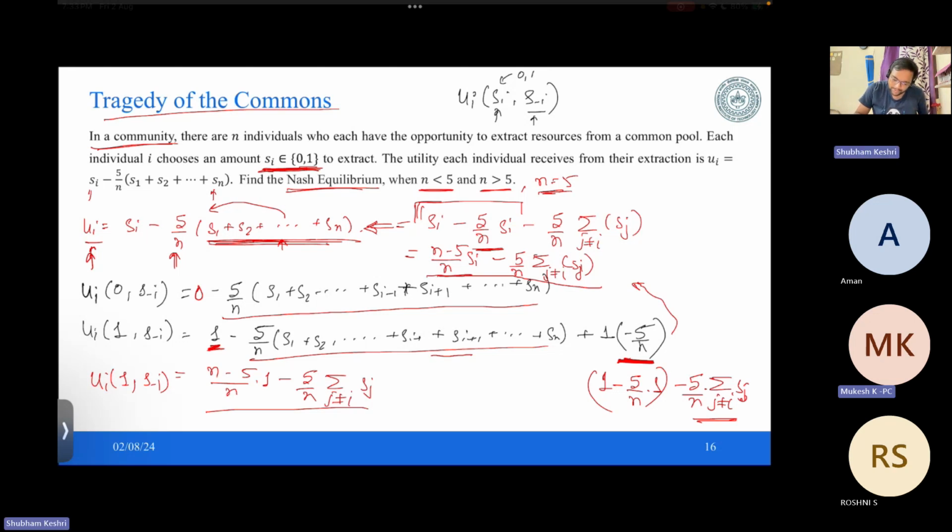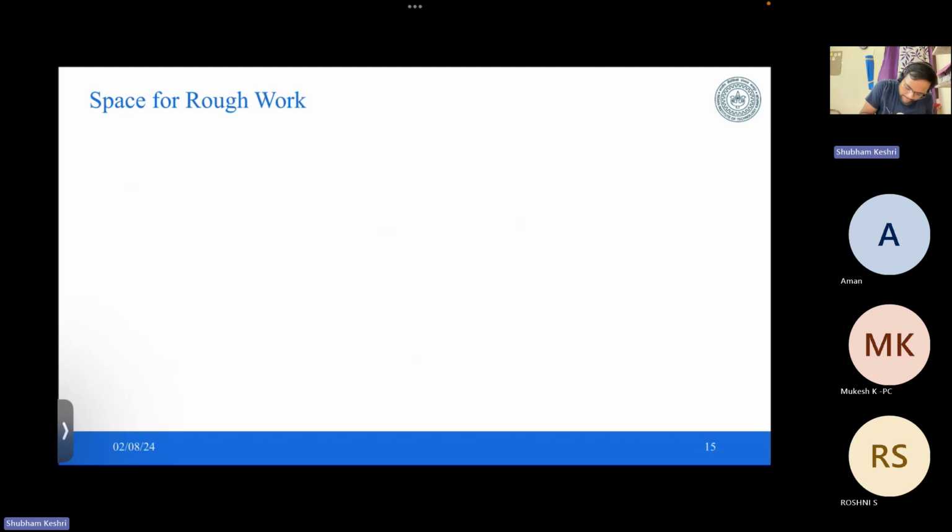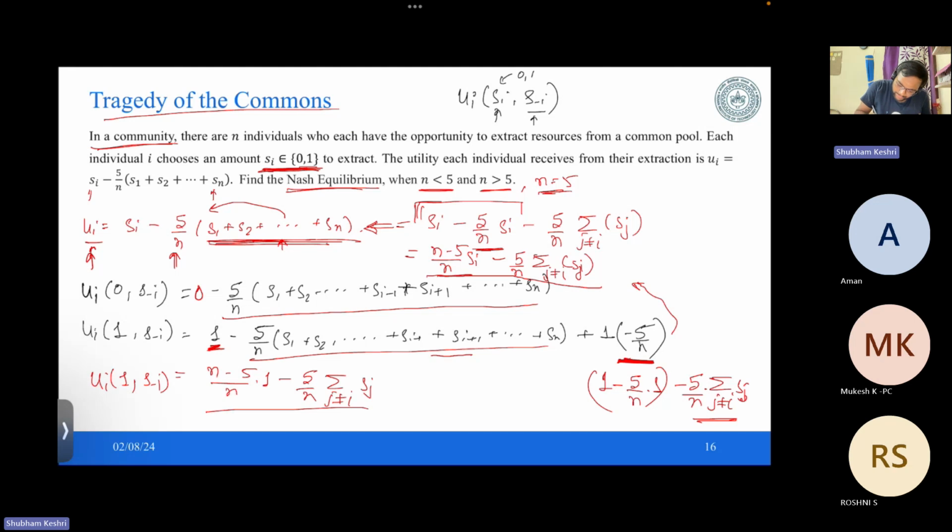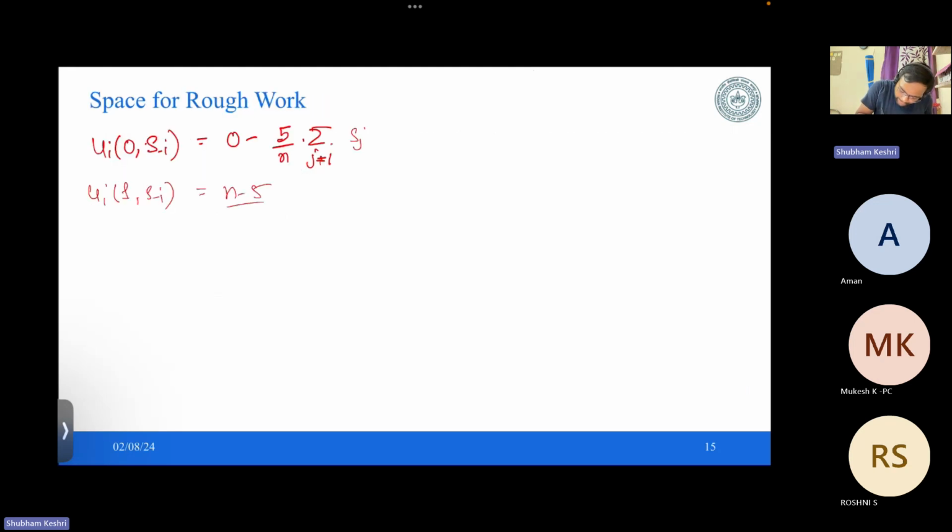Understood. Fine. Yeah. So I'll just rewrite this expression again. So we have ui when 0 and s minus I. It is actually 0 minus 5 by n summation of j not equals to I Sj, and ui 1 comma s minus I. It is what? N minus 5 by n times 1 minus 5 by n summation of j not equals to I Sj.